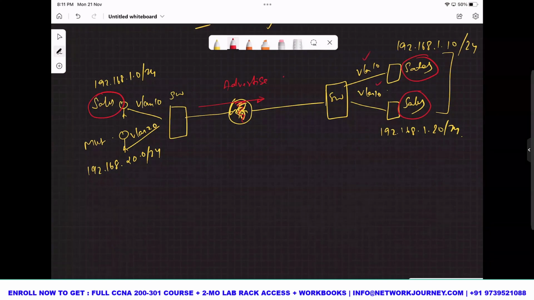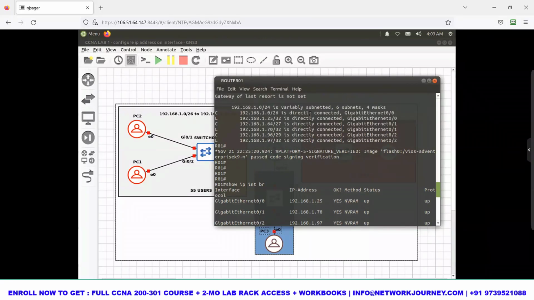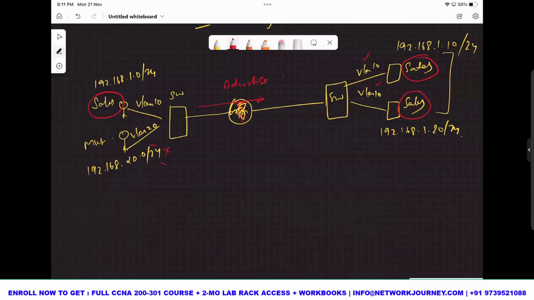While he advertises, he will advertise from which interface ID, or what is the information. So if you see here, it will give you some information that to reach so and so, go via this, and to reach so and so, go via this. So you are advertising it. At the same time, let's say you don't want to advertise this, then you don't include it.